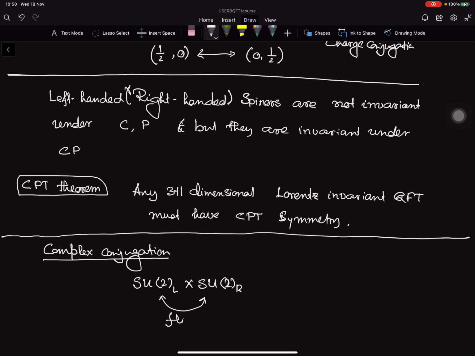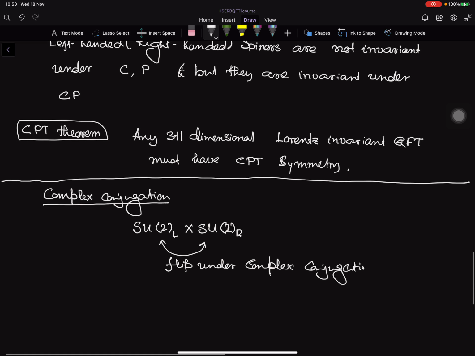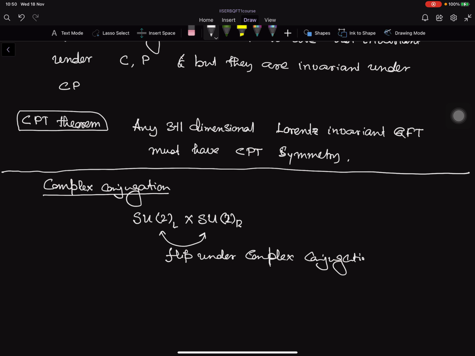Which means that under complex conjugation, a left-handed spinor goes to a right-handed spinor and a right-handed spinor goes to a left-handed spinor. This is an important property of the spinor representations, that under complex conjugation they flip. So under complex conjugation, lambda alpha goes to its conjugate.